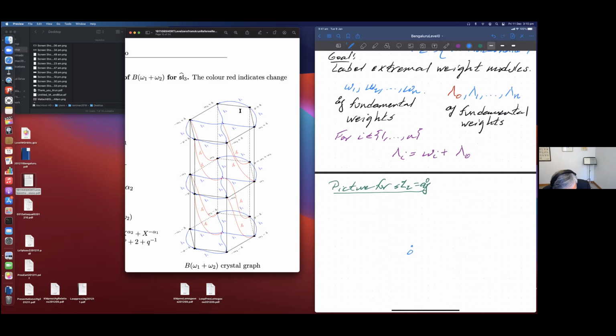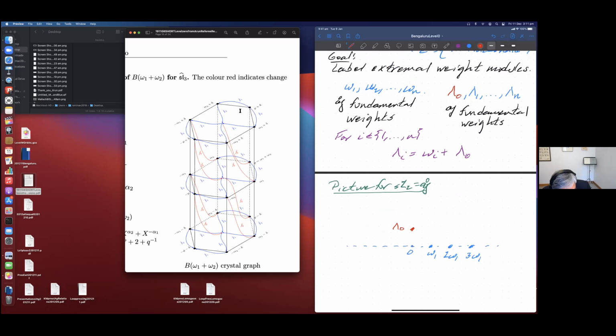So I have 0 and I have omega 1, and those form 2 omega 1, 3 omega 1, and so on. And then I have my lambda 0, which is the new weight for the affine Lie algebra.